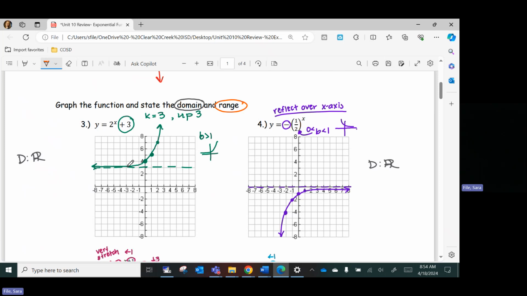So here in 3, we already graphed it. Our asymptote is at 3, and this graph is above it. So our range is 3 to infinity, or y is greater than 3. In number 4, the asymptote's at 0, and this graph is below it. So it's negative infinity to 0, or y is less than 0.